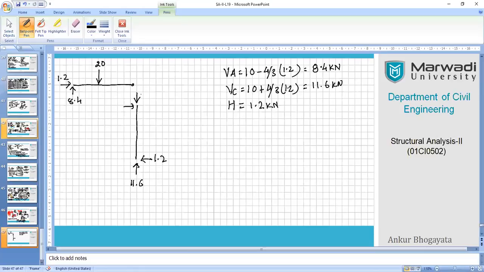Both these reactions will be applied in an opposite manner so that they maintain the internal equilibrium. And since we have got reactions here, you again have some vertical reaction on this point. So this is 11.6, again 11.6 applied in a reverse direction. We started with this. This is also 1.2. This is 20. This is 1.2, and this is 8.4.